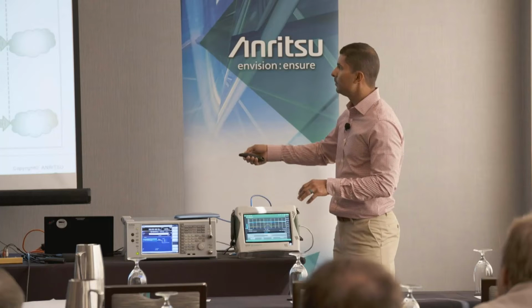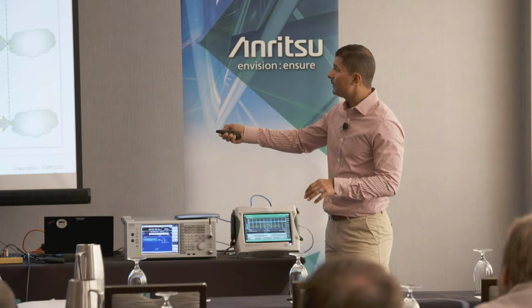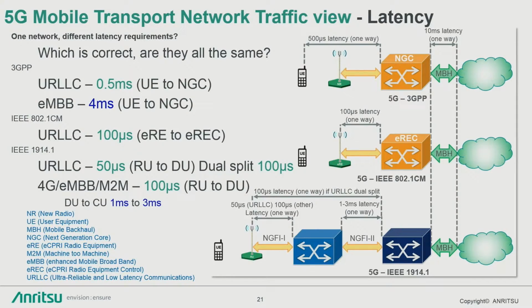That is your V2X traffic. Always the tightest latency requirement. Now, look at eMBB, enhanced mobile broadband. That's your streaming 4K video, or augmented reality. Higher bandwidth, less requirement, more relaxed, 1 to 3 milliseconds here, 4 milliseconds.